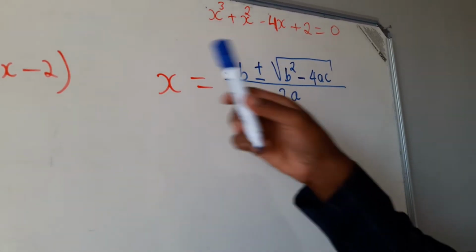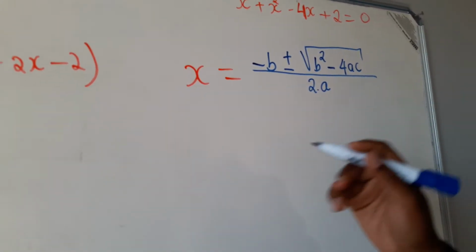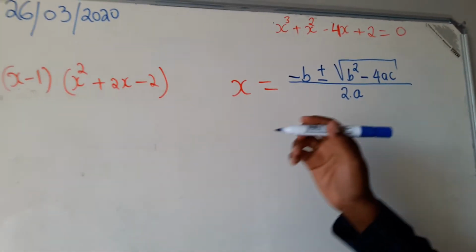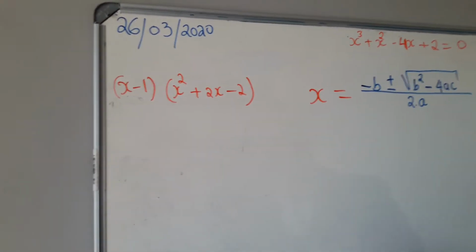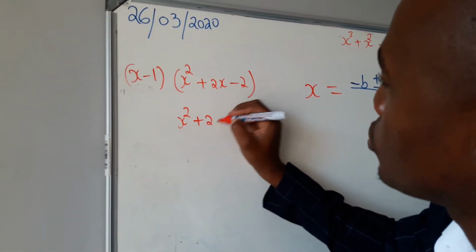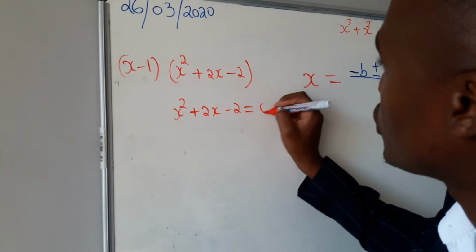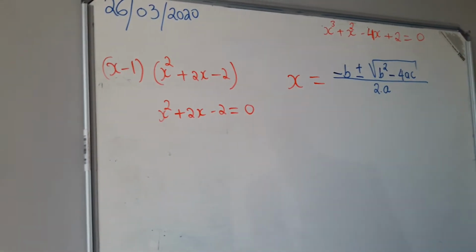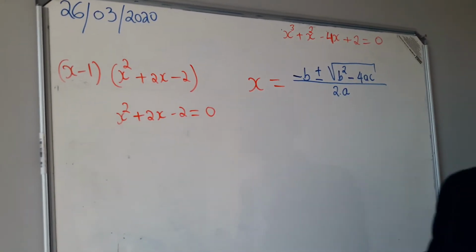Now to find this, we need to then find the values of our equation. We equal it to 0. First of all, we have x squared plus 2x minus 2 equals 0. Now the reason we do this is because we're trying to factorize.